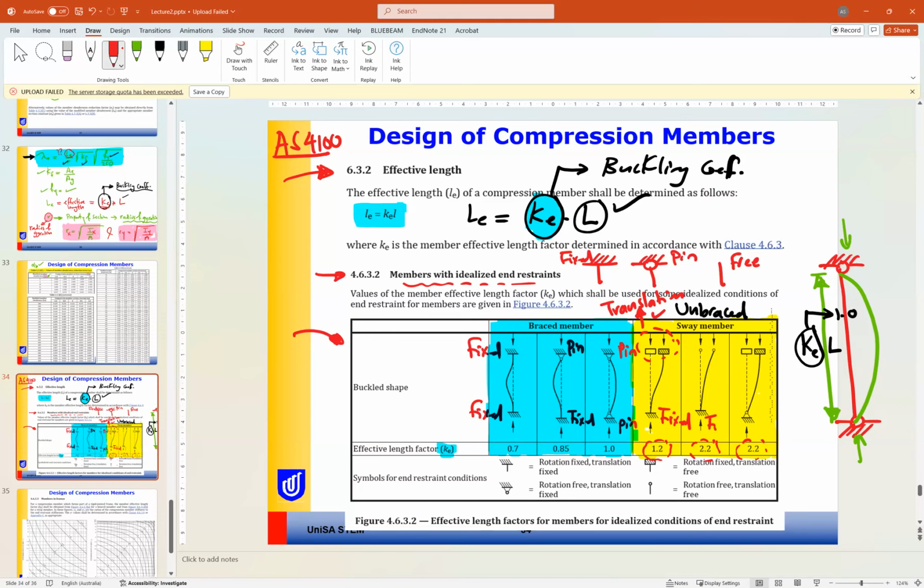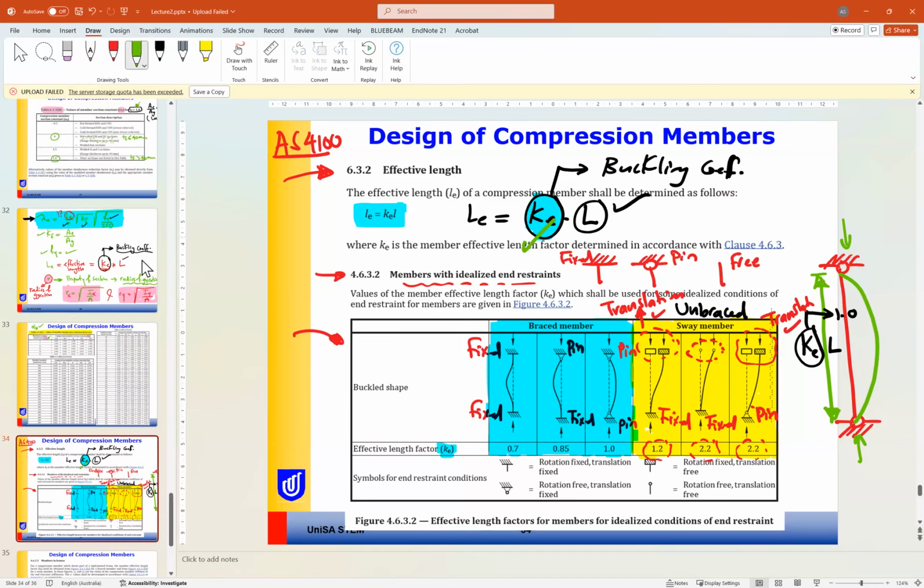If it is fixed at the bottom and free at the top, it is 2.2. If it is pin at the bottom and translation allowed at the top again, it is 2.2. So the yellow is for the sway member, and the blue is for the braced member. Based on the condition of the member, you can find K effective.